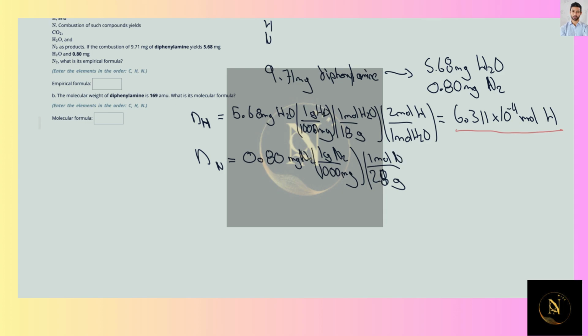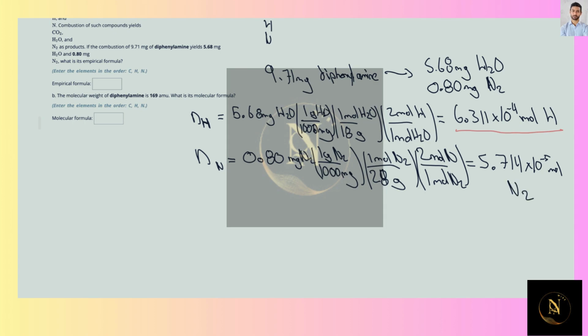Is 1 mole of N2. And 1 mole of N2 contains 2 moles of nitrogen atoms. So we're going to get 0.8 divided by 1000 divided by 28, and the final result multiplied by 2, 5.714 times 10 to the minus 5 mole of nitrogen.